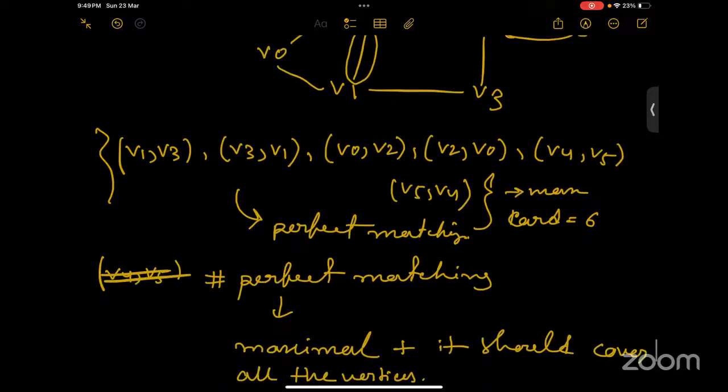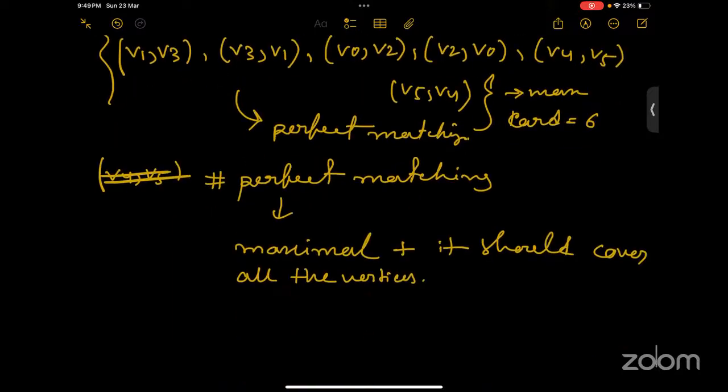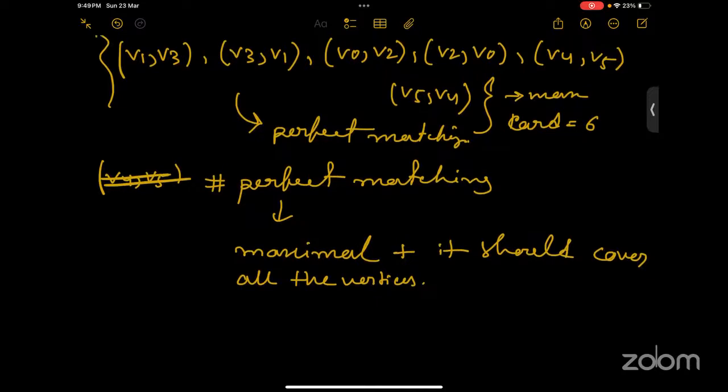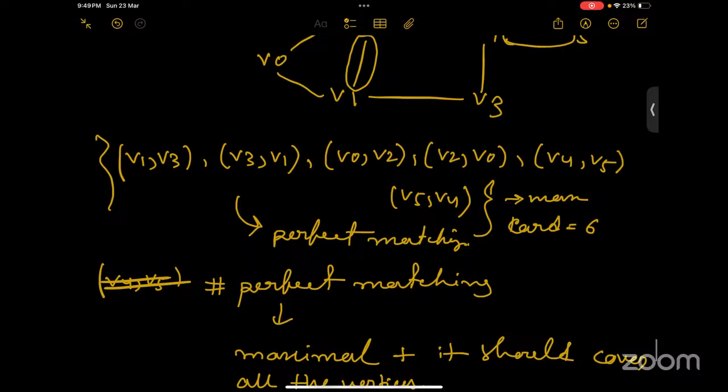So it is maximal matching plus it should cover all the vertices. In this example, all the vertices are there and this is maximal, right? But normally, in maximal matching, you will end up with all the vertices covered, I think? No. It is possible to have a maximal matching without covering all the vertices.